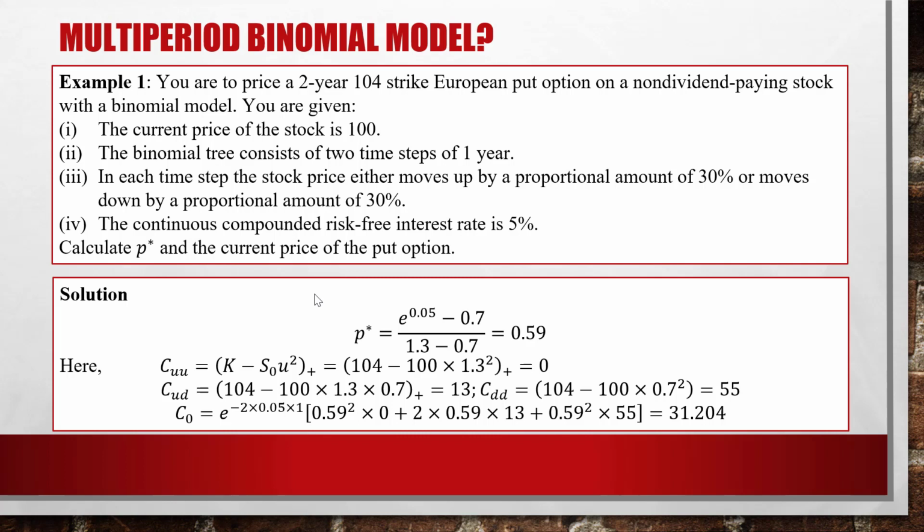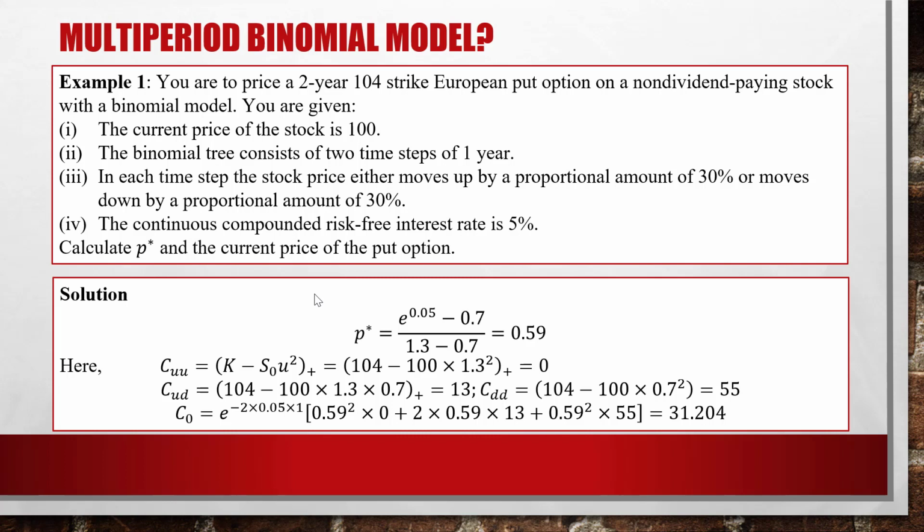That is the payoff. Remember, this is a put option, so the payoff is the positive part of K minus S0 times u squared. S0 times u squared here is the stock price at time 2 in case the stock price keeps going up twice. So it is 104 minus 100 times 1.3 squared, take the positive part, and you get 0.